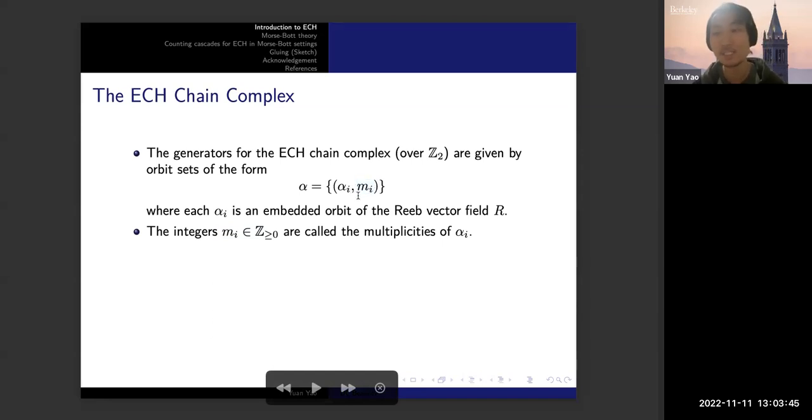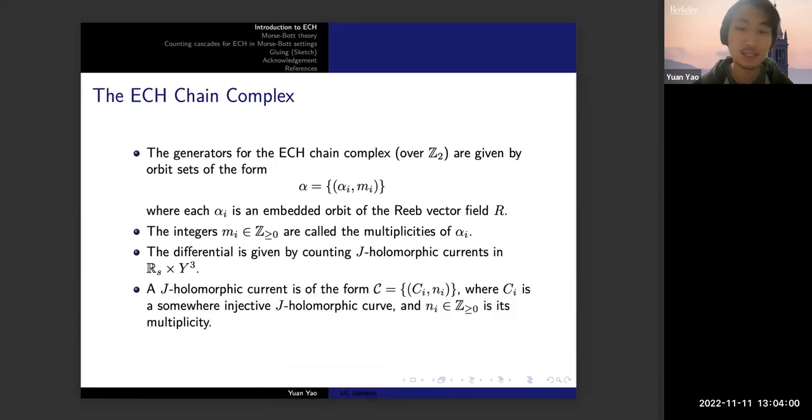So the way embedded contact homology talks about multiple covers of Reeb orbits is to say: I have an embedded Reeb orbit of higher multiplicity. And the differential is given by a count of J-holomorphic currents in the symplectization.